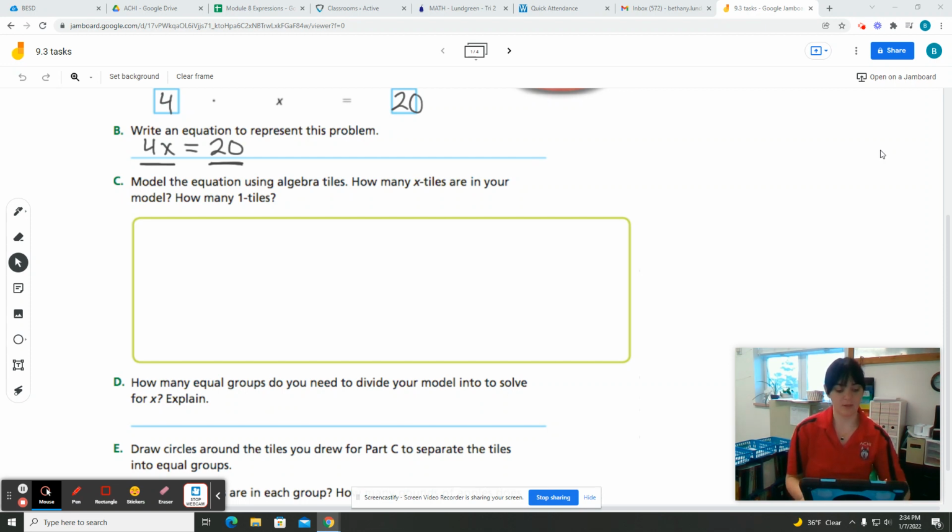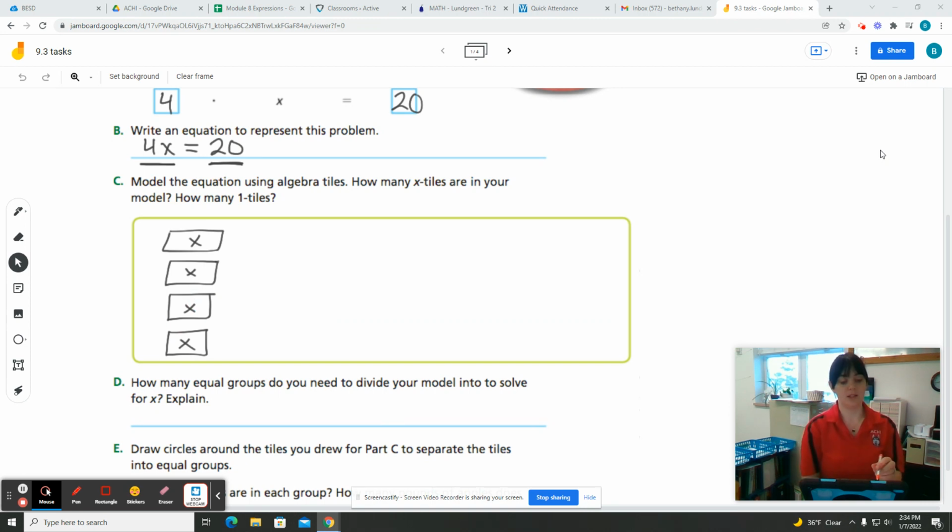So let's draw that out in this box. We have an X tile, an X tile, another X tile, and a 4th X tile. Okay? Those represent each person, right? Because we have 4 people.